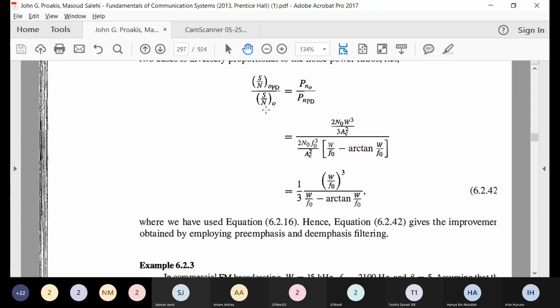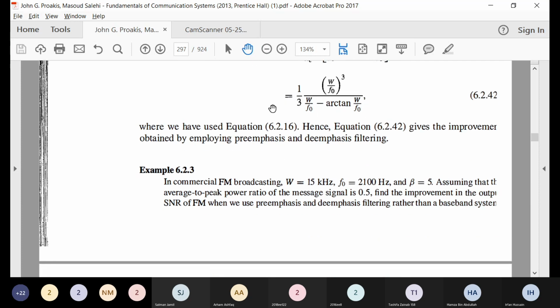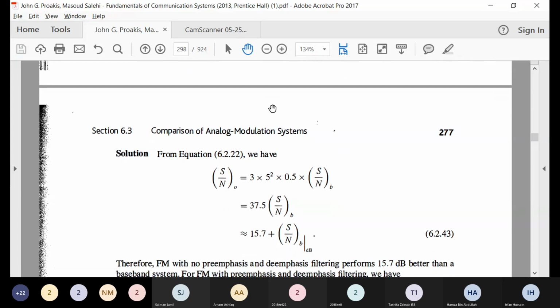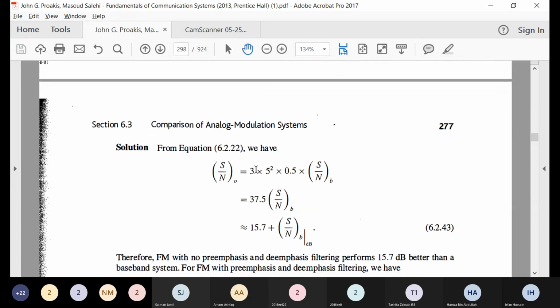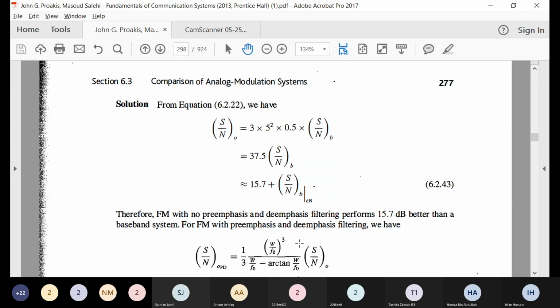Multiply this with S over N at the output of a simple FM, which does not use pre-emphasis and de-emphasis, and we have seen that for simple FM we have 3 beta squared times P_M times S over N baseband. You put the value, and you can see here that by using beta equal to 5, you are getting a 15.7 dB gain over the signal to noise ratio at the baseband level.